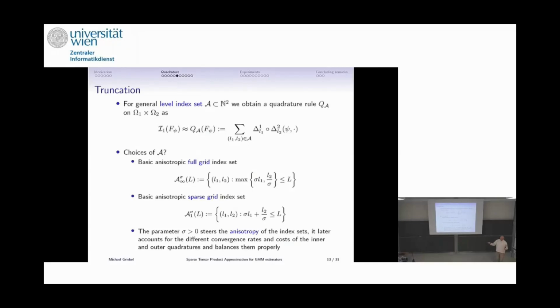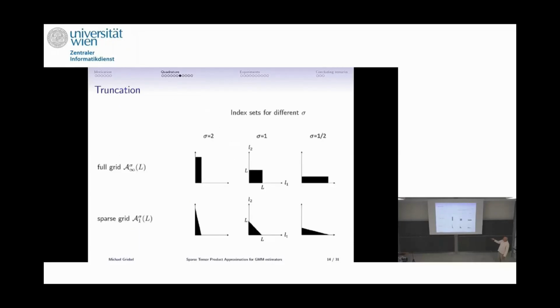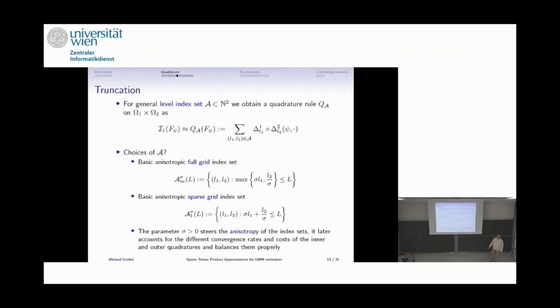Theta, excuse me, I'm talking about sigma, of course. Sigma modulates this maximum. It's a weighted maximum norm or a weighted 2 norm here. And this makes these index sets getting anisotropic if the sigma is not 1. We can steer that. And for the sparse grid, as usual, this is the triangle subset, and here as well. So this is a picture of these two definitions. Okay, what do we have? Full grids, sparse grid indices, and anisotropy, which modulates that stuff.